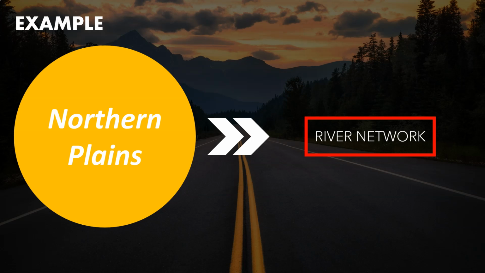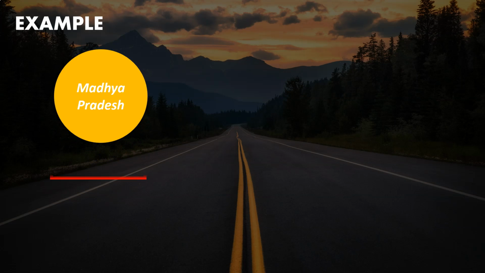But this pitfall is not limited to the northern plains. In Madhya Pradesh, there are several forest areas which cannot be traversed by railways. They could either be a part of the reserved forest or they could be situated in hilly regions where tribal people are located. So obviously, we can't relocate the tribals and we can't enter reserved forest areas.